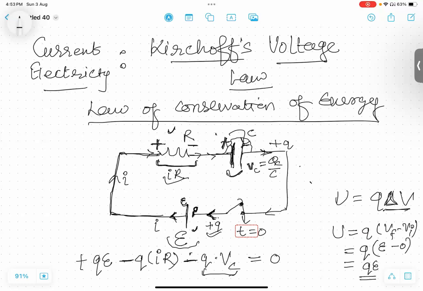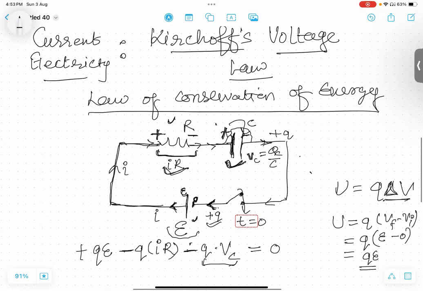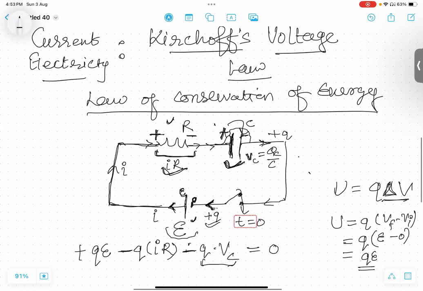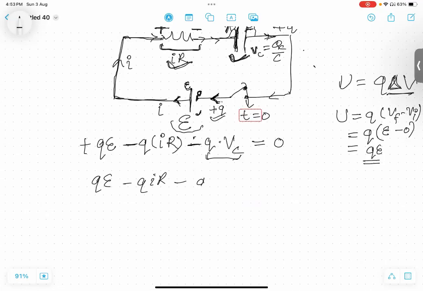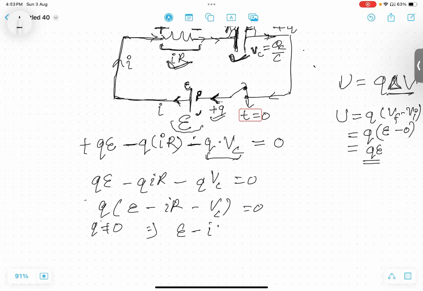So it got energy from somewhere, it has contributed in heat energy of the resistor and electrostatic energy storage of the capacitor. So we have gotten a statement which is QE minus QIR minus Q into Vc. If I take Q common, E minus IR minus Vc, I realize that Q cannot be equal to 0. Therefore, E minus IR minus Vc equals 0.